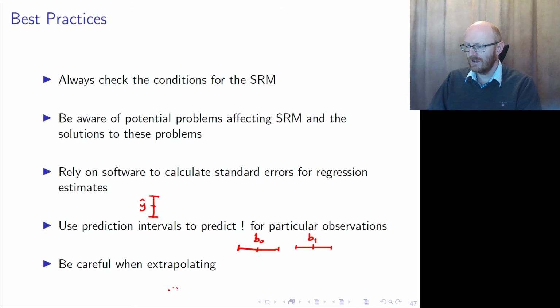And of course, this is really important if you have an outlier, or if you choose to make a prediction for a value of x for which you did not estimate your regression model, then be very careful.